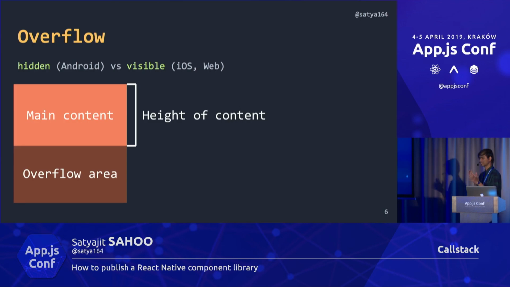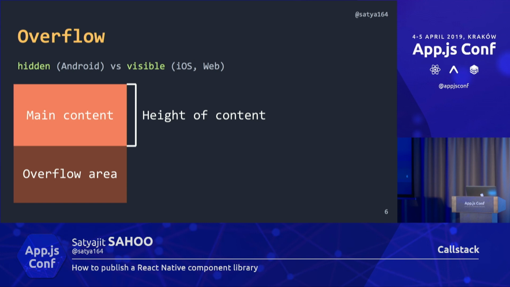So I think the biggest one is overflow. On Android, the overflow area is hidden. And on iOS, it's visible by default. In recent versions of React Native, you can actually set it to visible on Android. But say your component is here, and this is overflow area, and you have some touchable or gestures in this area.